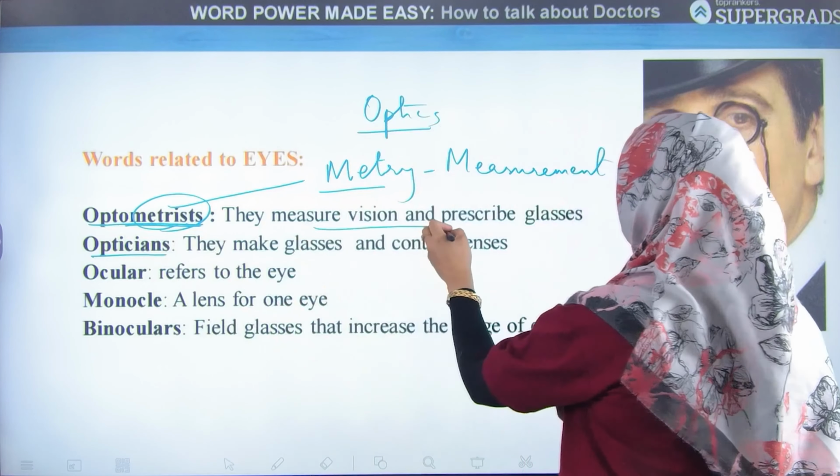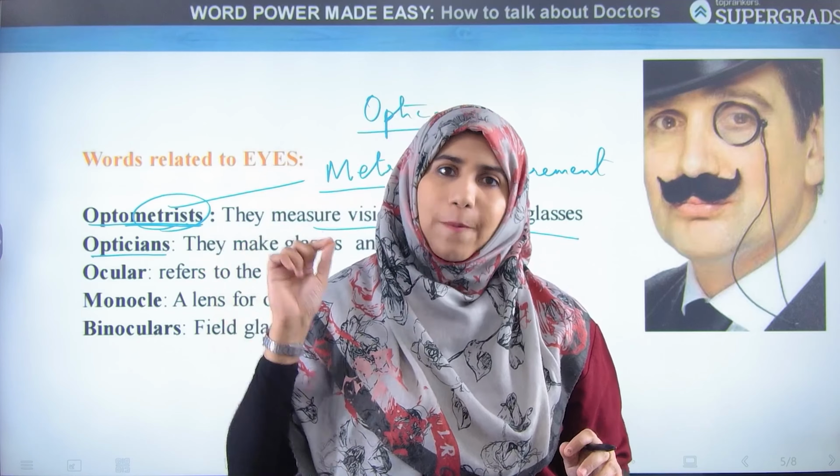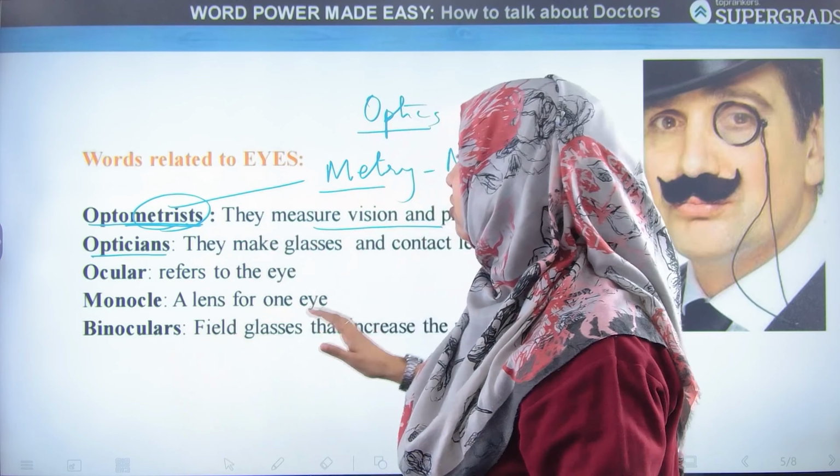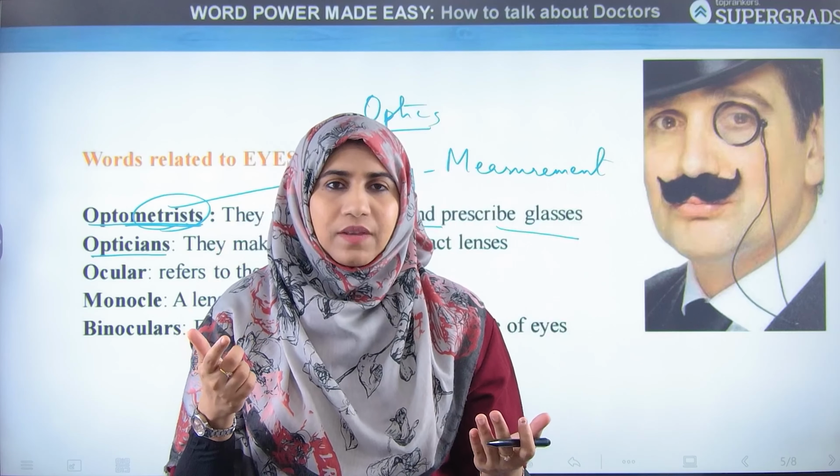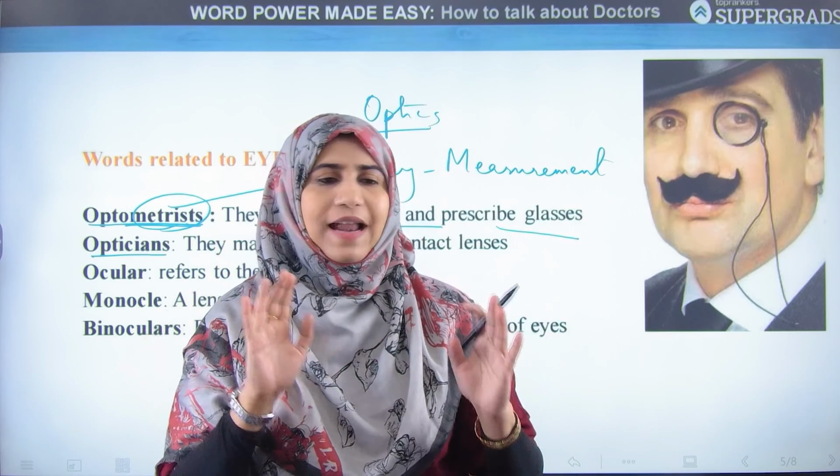I hope you know that, because ophthalmologists are eye doctors, they're eye specialists. So they will be treating you for all kinds of eye problems and diseases. That's an ophthalmologist, right? An optometrist is limited to just measuring how much power of glasses you need, right? So understand the difference.